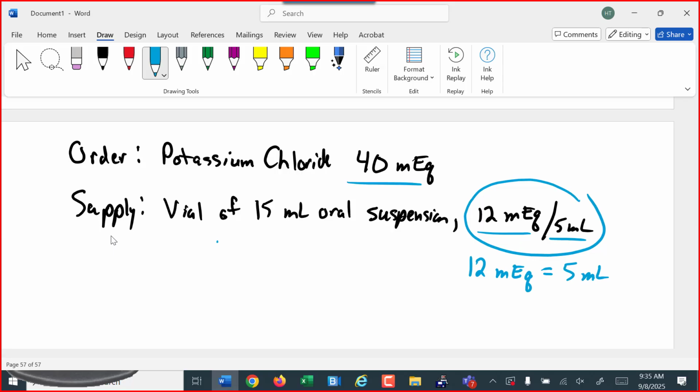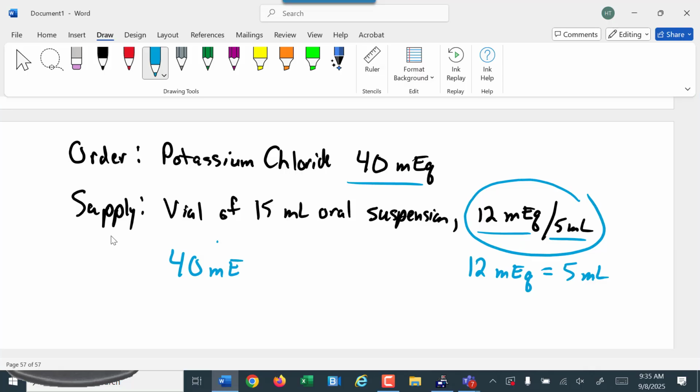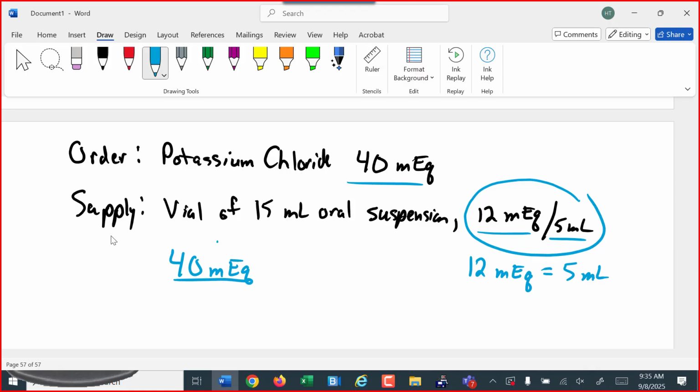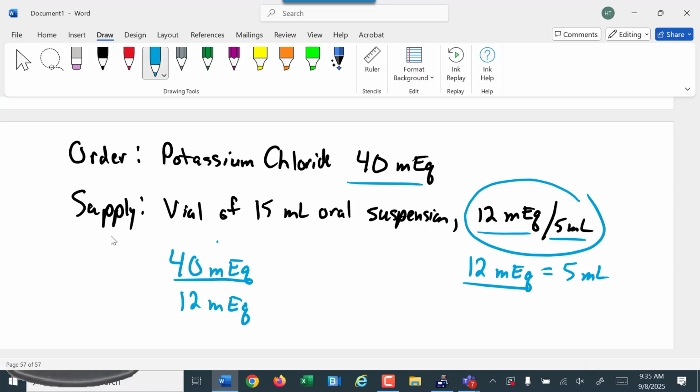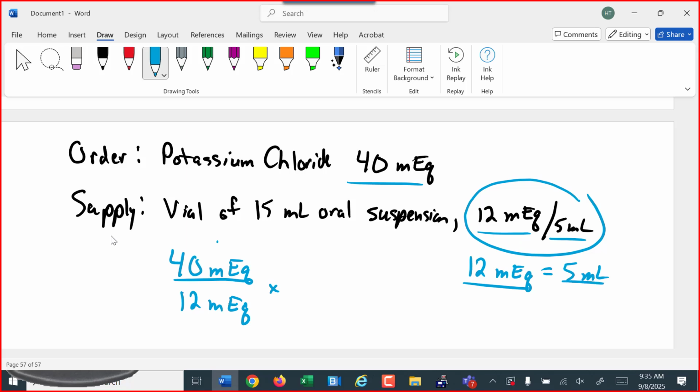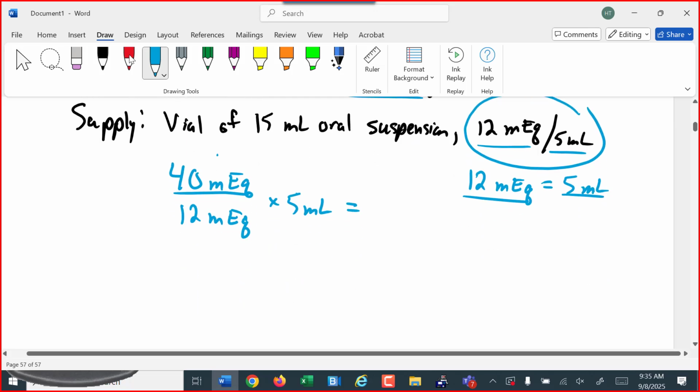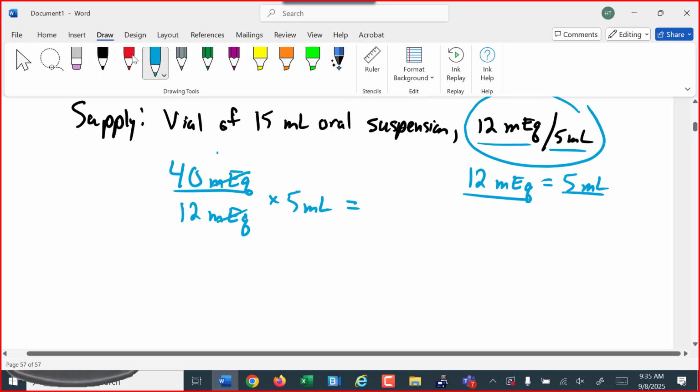So I have my order of 40 milliequivalents. My on-hand dose is 12 milliequivalents in a vehicle of 5 milliliters that carries that into the patient. So the milliequivalents cancel out.